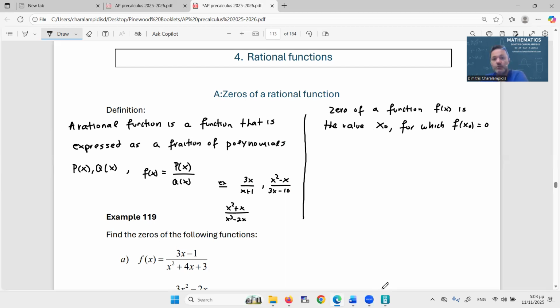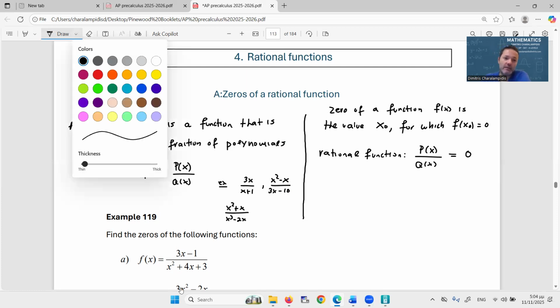So a zero of a function is that number that produces as the output value, as the corresponding y value, the number 0. Now that we have a rational function, and I said before that a rational function is a fraction of polynomials, in order to find its zero, we should make that fraction equal to 0.